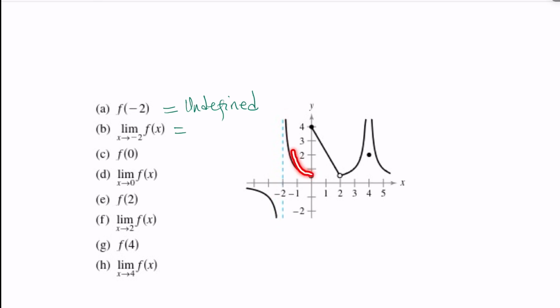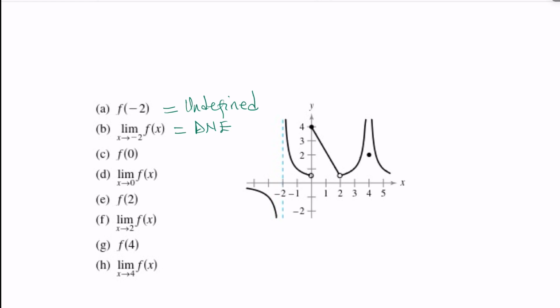The graph keeps increasing unbounded, and the graph keeps decreasing unbounded as I approach negative 2. This is a typical example of functions that do not have limits. So we say that the limit here does not exist. For does not exist, I'll be using DNE for short. Don't do that in your exam. Write does not exist completely.